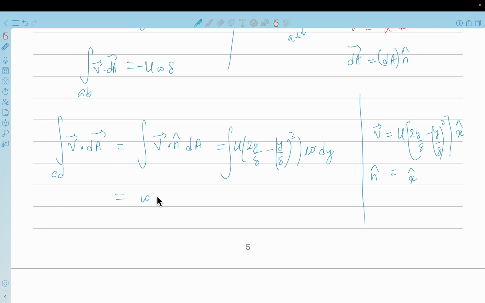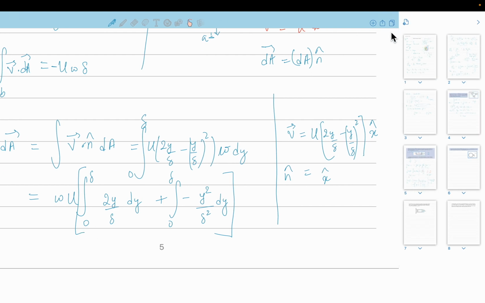So I can take w and u outside, and this is integrated from 0 to delta. So can you please evaluate and tell me what is the integral? Please evaluate this expression and tell me the answer.